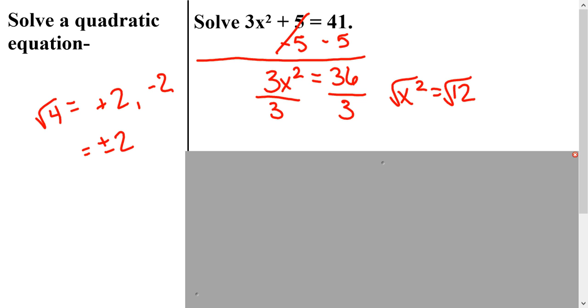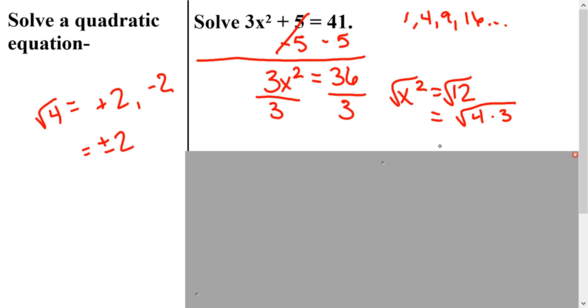So if I take the square root of 12, well, I know that I've been doing simplifying radicals, so can 12 be broken down? Well, if I think of my list of perfect squares, I have 1, 4, 9, 16, and so on. What is the largest perfect square that goes into 12? Well, you could break it down into 4 times 3, and then what is the square root of 4?